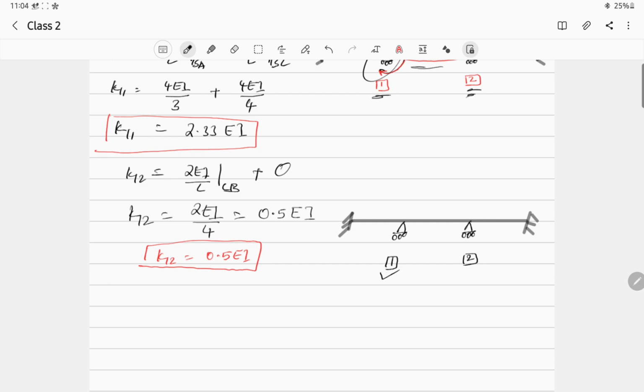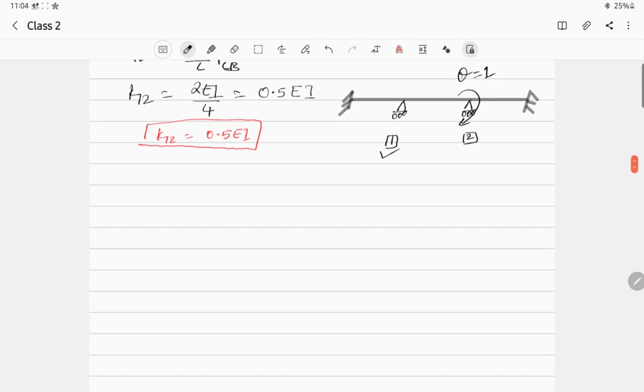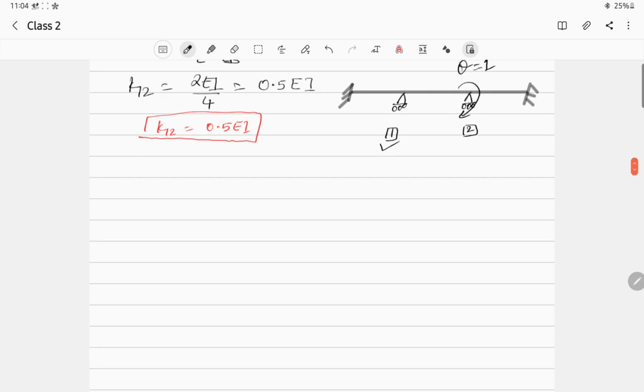Initially I rotated node 1. Now we will rotate node 2 again in the clockwise direction. Theta should again be equal to 1. Because of this rotation, my beam will try to get deflected in this direction, and similarly in this direction.